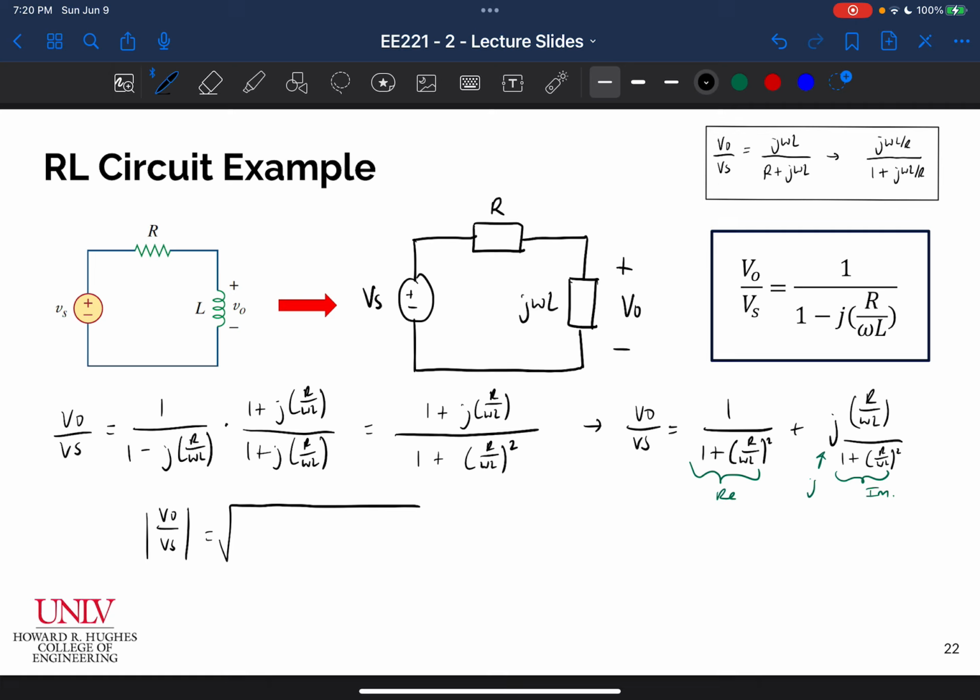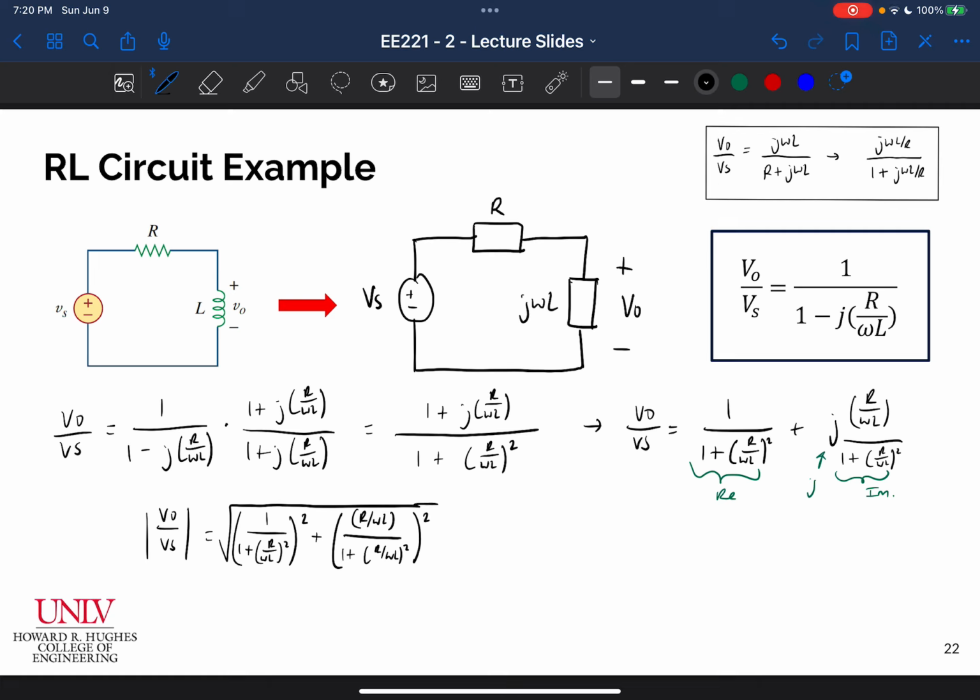So in this case, the real part is 1 over 1 plus (R over omega L) squared. Take that whole thing and square it. Plus R over omega L divided by 1 plus (R over omega L) squared. That whole thing is squared.